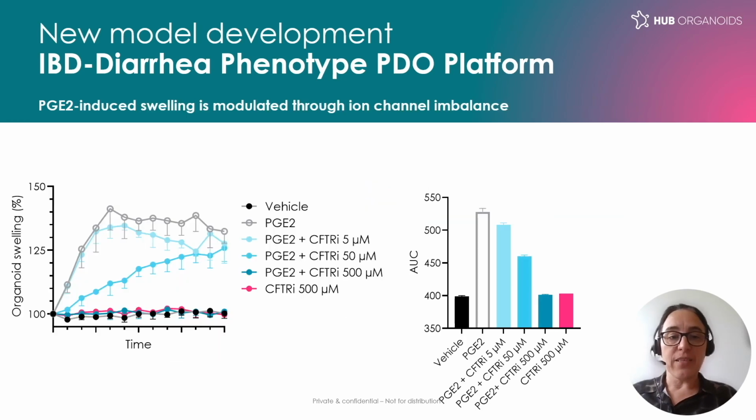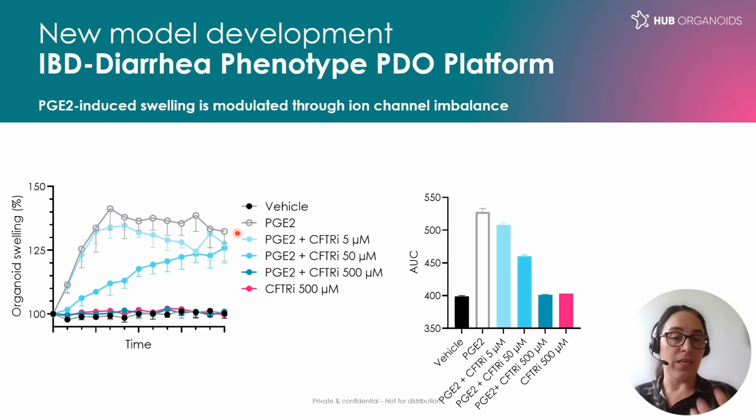And actually, we can see that this PG2-induced swelling that we see in the organoids depends on CFTR, an ion channel present on the intestinal epithelium. So by using inhibitors of CFTR, we can again slow or reduce the swelling capacity induced by PG2.